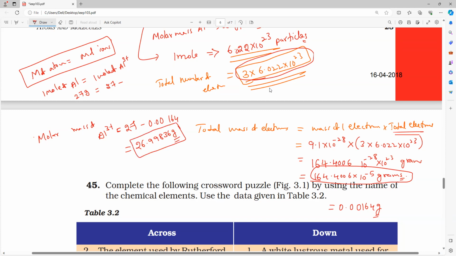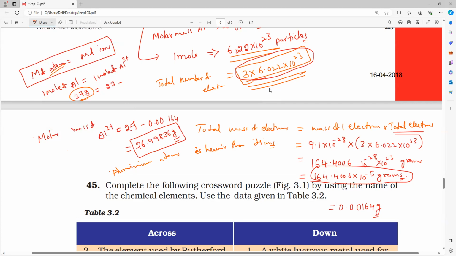How many moles? 1 mole. And 1 mole of aluminum atoms is 27 grams. So who is heavier, aluminum atom or aluminum ions? Aluminum atom is heavier than its ions.